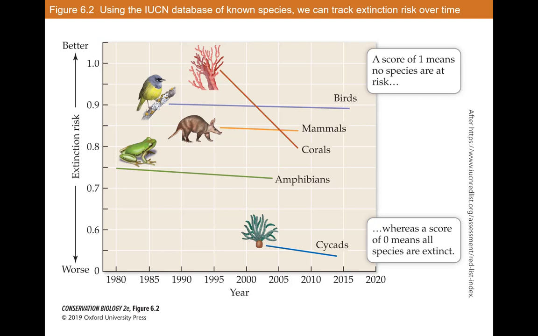Corals, for instance, in the 1990s had very low extinction risk, and now those cumulative effects of ocean acidification and climate change are really speeding up their extinction risk, whereas amphibians were always in decline and are slowly increasing in that risk of decline.